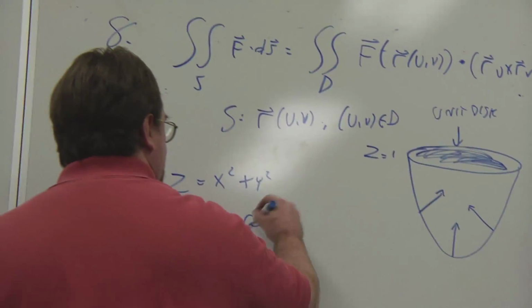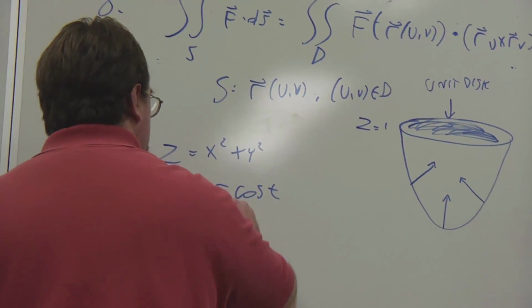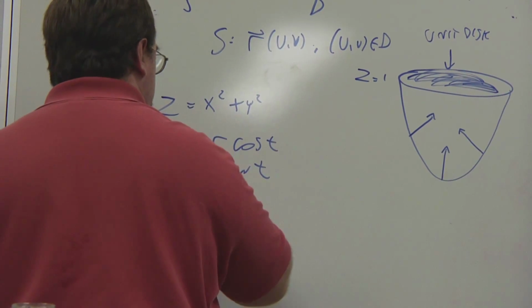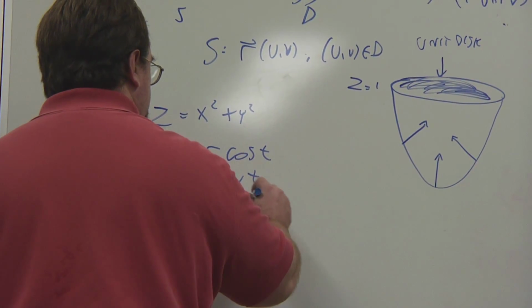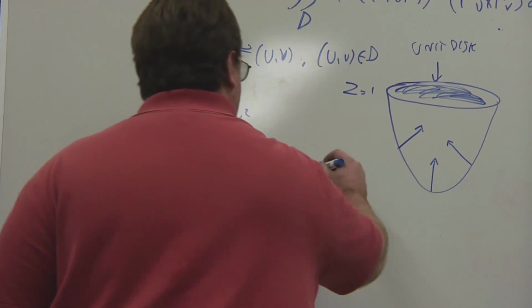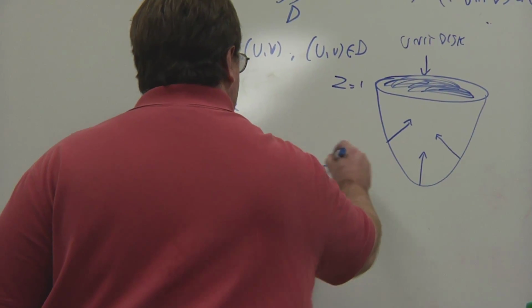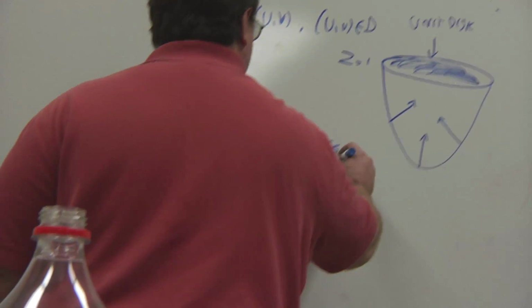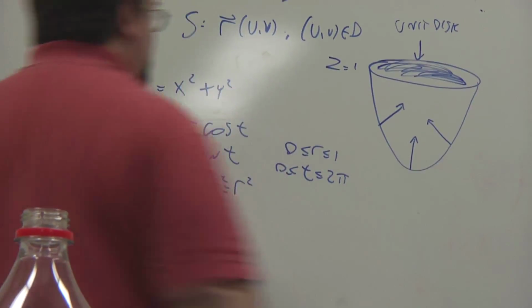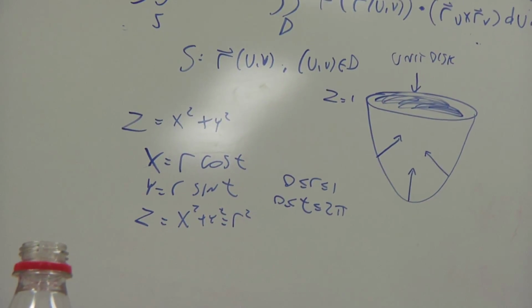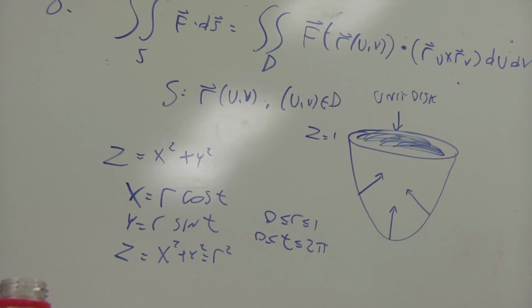So x is r cosine t, y is r sine t, and then z is just going to be x squared plus y squared, but that will turn out to be r squared. So r runs from 0 to 1, t goes from 0 to 2 pi. I said u and v up there, I'm using r and t down here.